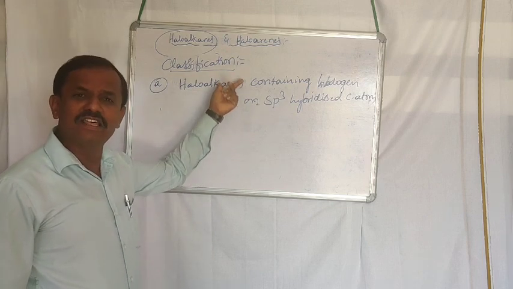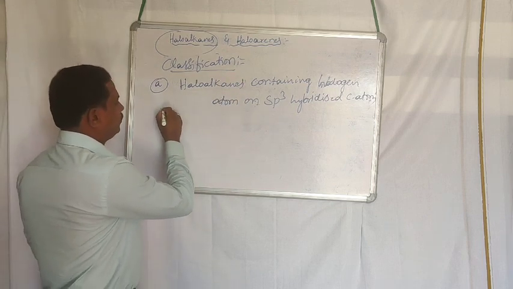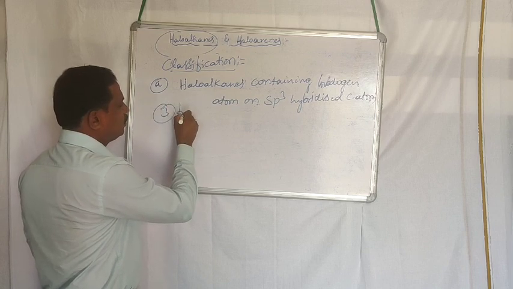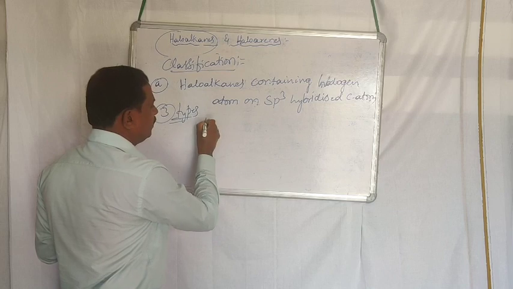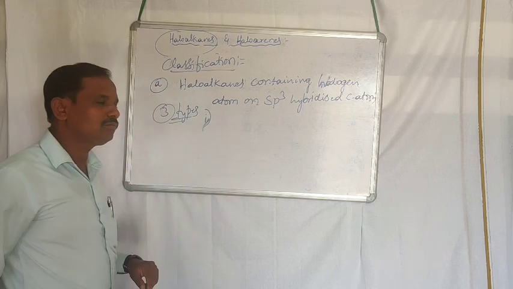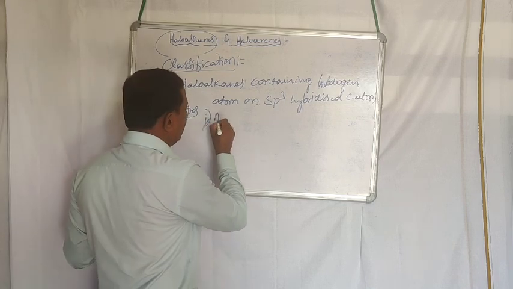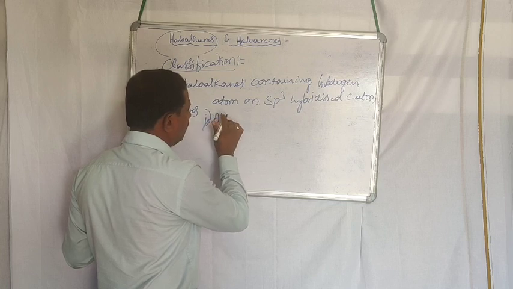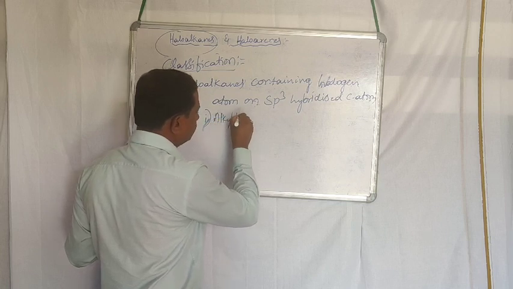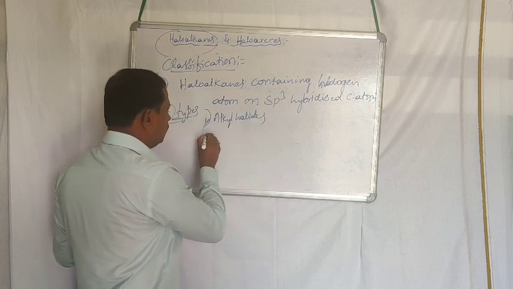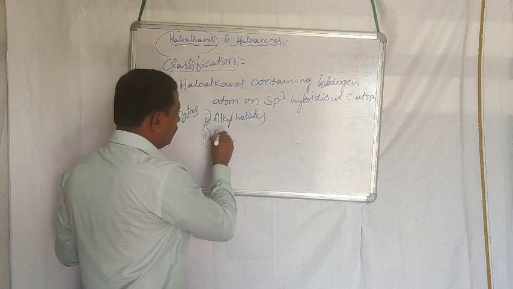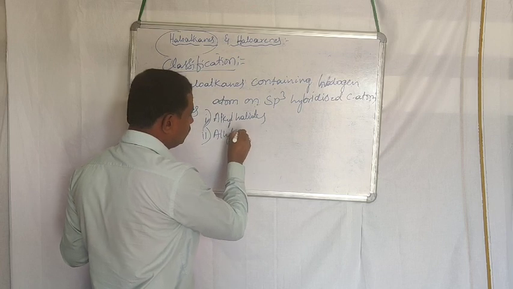Again, these are further classified into three types. What are the three types? It's very important. Number one is alkyl halides. Number two, allylic halides.